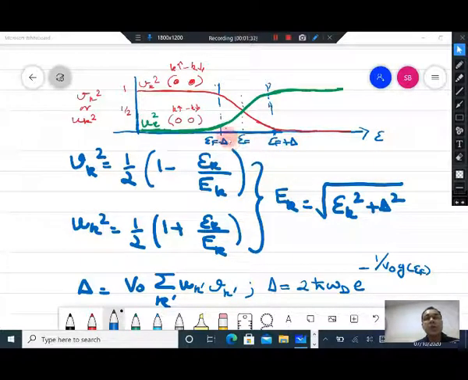So around the Fermi energy these states no longer are fixed, there is a scattering between these states which happens between EF plus and minus delta. In this region the probability that these states are empty also changes.